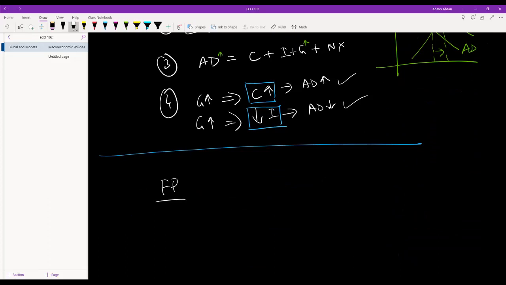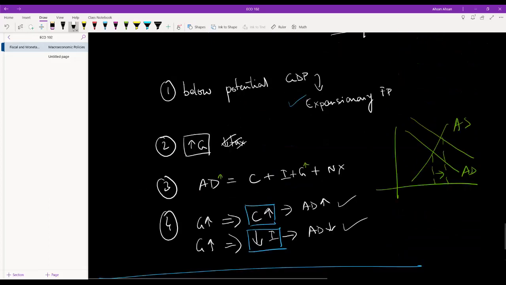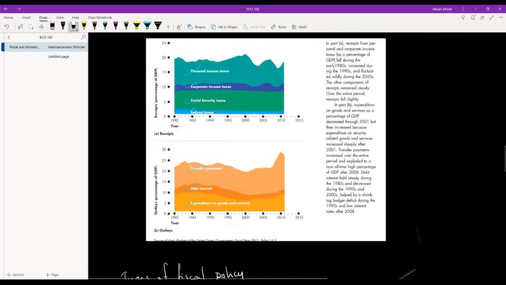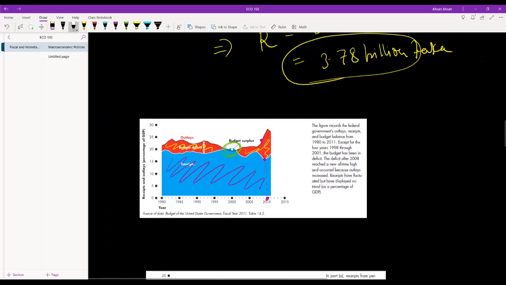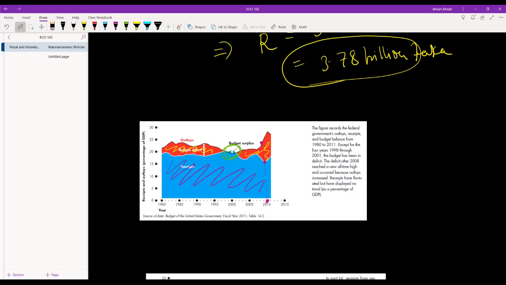We've looked into what the government's receipts are. They're mostly taxation. We've looked into what the government's outlays are. We've seen examples from both Bangladesh and the US, which show us that the government in most cases tends to operate on a deficit, which means the government's deficit is constantly increasing in most cases.